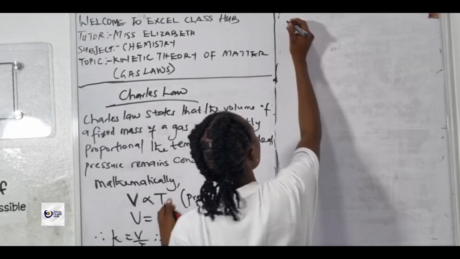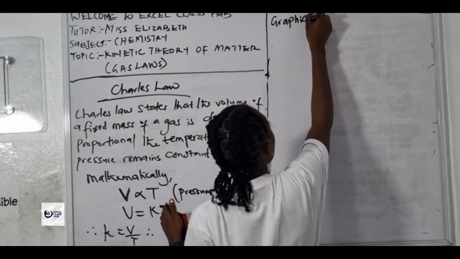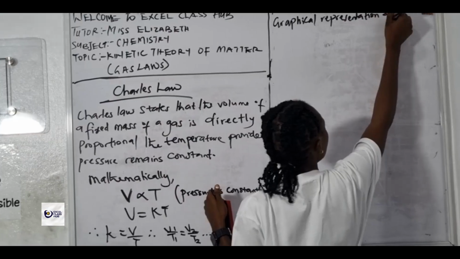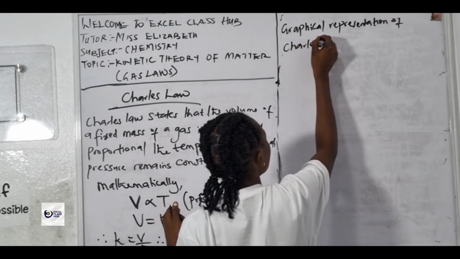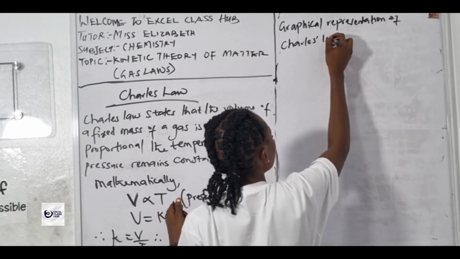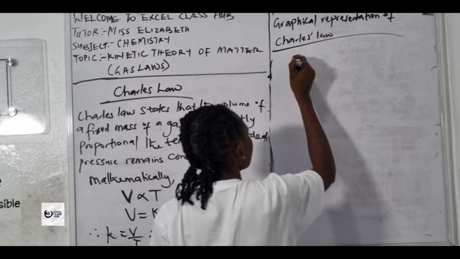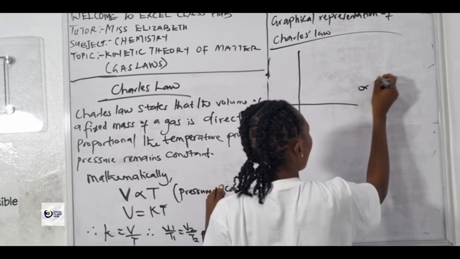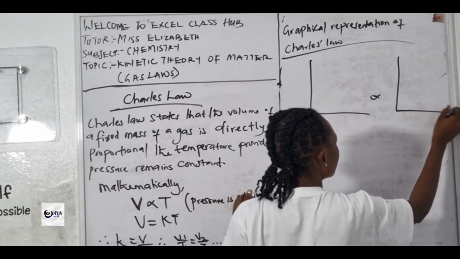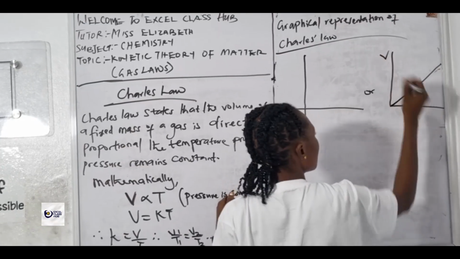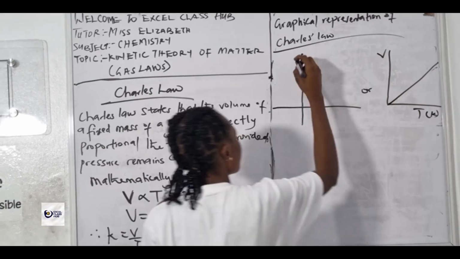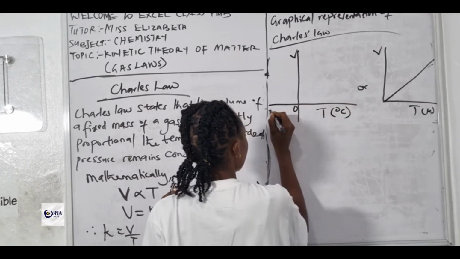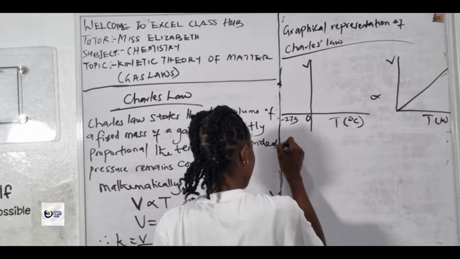It can be represented graphically. The graphical representation of Charles' law looks something like this, where we have our volume, temperature in Kelvin, and in this case, we have our volume 0, temperature in degree Celsius, we have 273.